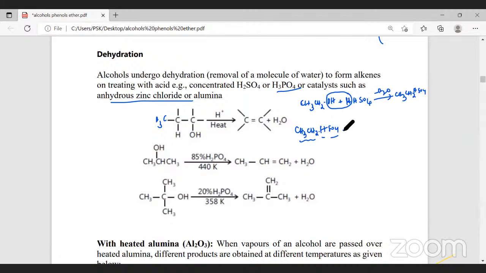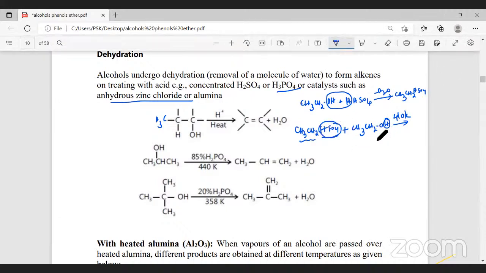This ethyl hydrogen sulfate further will react with ethanol at 410 Kelvin to form diethyl ether. This hydrogen and this HSO4 get eliminated as sulfuric acid.